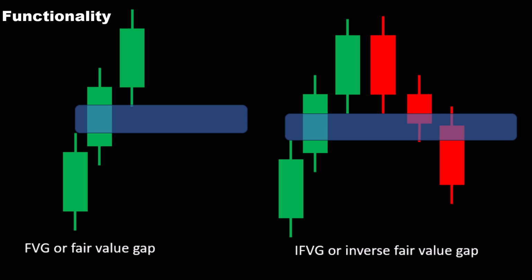Typically, when the price revisits these zones, it reacts and pulls back. iFVGs, or inverse FVGs, work similarly, but they represent FVGs that have already been broken. Usually, when a FVG is broken, it forms another FVG that creates a BPR or breaker block pattern. That's why these levels are considered important.